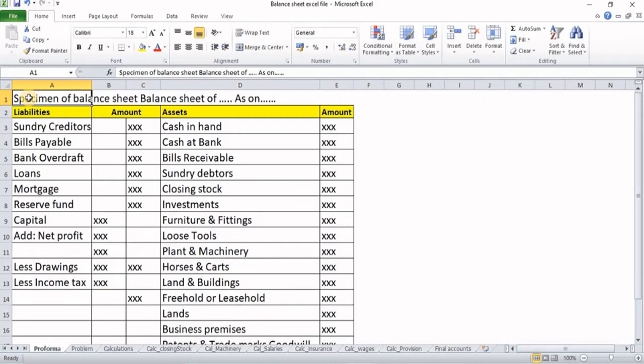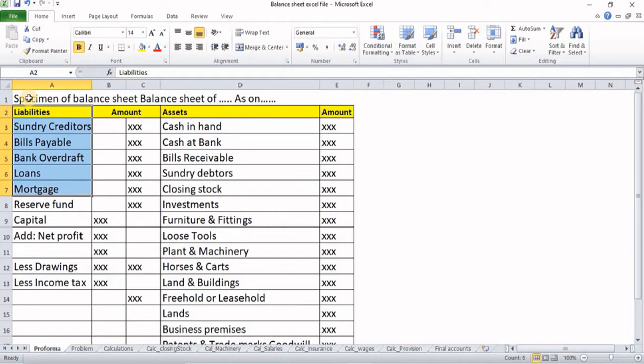Now we'll see the proforma for balance sheet. In this proforma, we have 4 columns: liabilities, amounts, assets, amounts. In the liabilities column, we'll mention all the liabilities like sundry creditors, bills payable, bank overdraft, loans, mortgage.